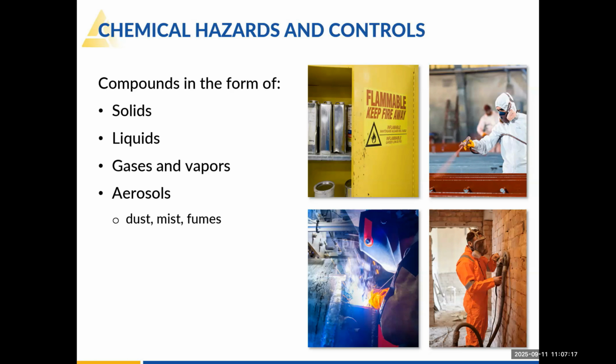You might recognize terms like hazard communication, a good buzzword here, or toxic and hazardous substances under OSHA, or subpart Z, which has a lot of information for you. So again, thinking outside the box, chemical hazards and controls, we're talking about solids, liquids, gases, vapors, dust, mist, and fumes. Next slide.